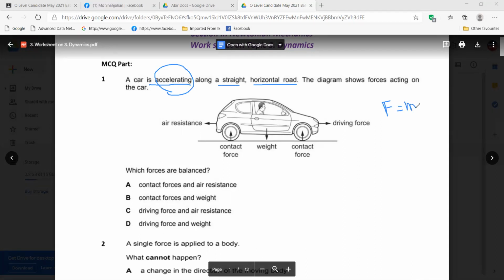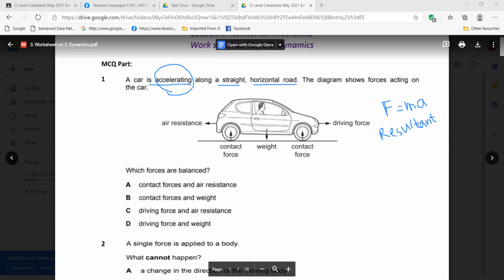If there is acceleration, there is of course a resultant force, right? And resultant force is unbalanced force. In your copy, where you wrote the options, please note it down there, beside question one.